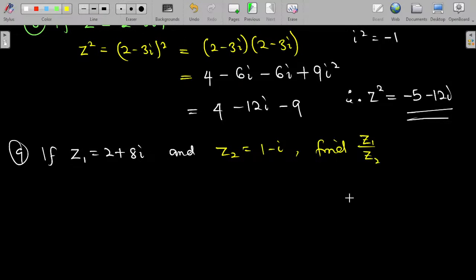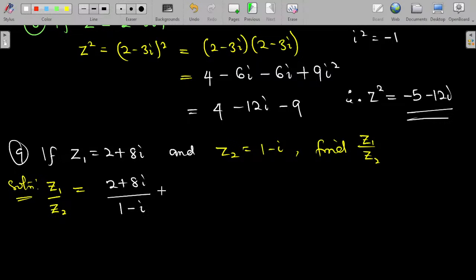This is another beautiful complex number problem, and it's just asking you to divide. To divide complex numbers is just to bring in what we call the conjugate of complex numbers. So I have Z1 over Z2, that's going to be equal to 2 plus 8i all over 1 minus i.